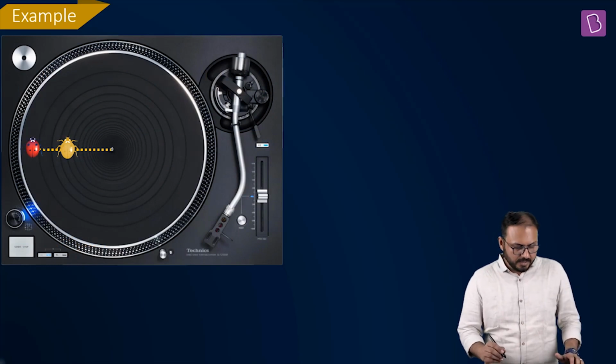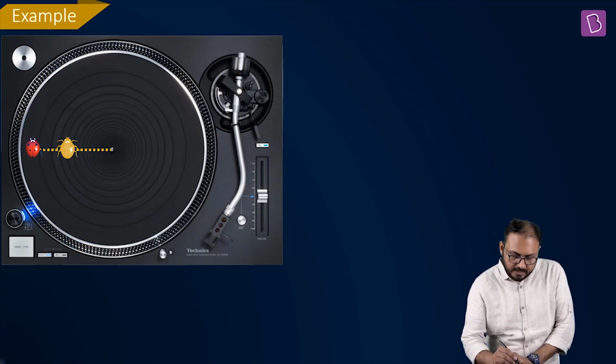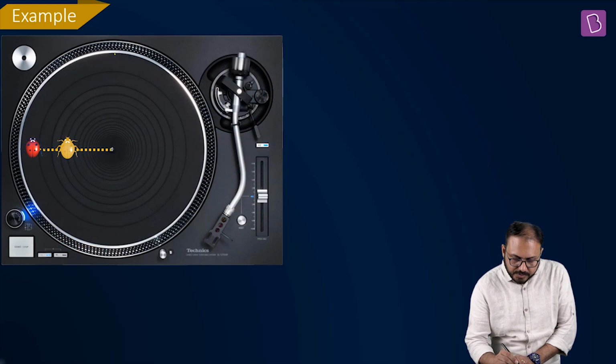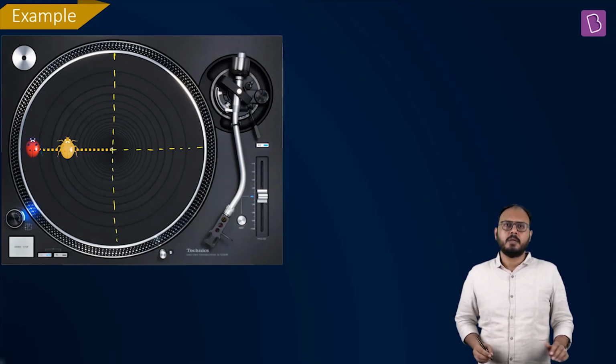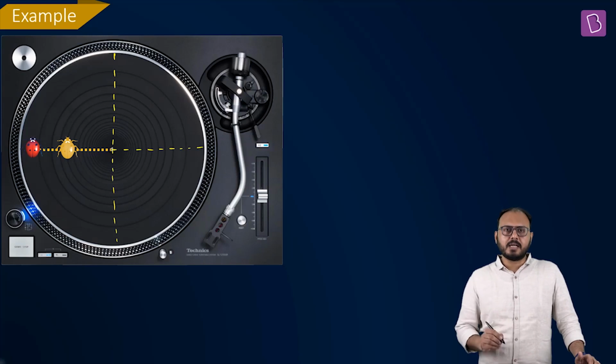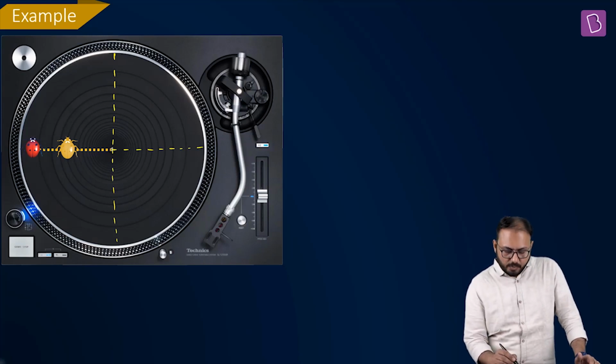The question is, when the disk rotates, let me draw the positions. Can you draw the circle traced by the yellow bug? Yes, of course I can draw.